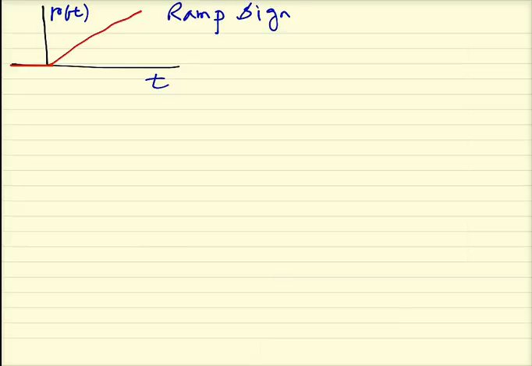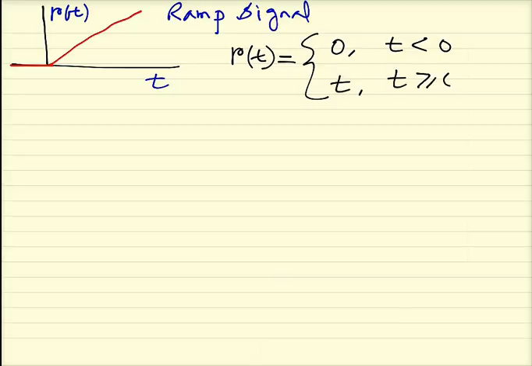It increases with time for t equal to or greater than 0. Mathematically, r(t) equals 0 for t less than 0 and equals t for t greater than or equal to 0. So this is the definition of the ramp signal.